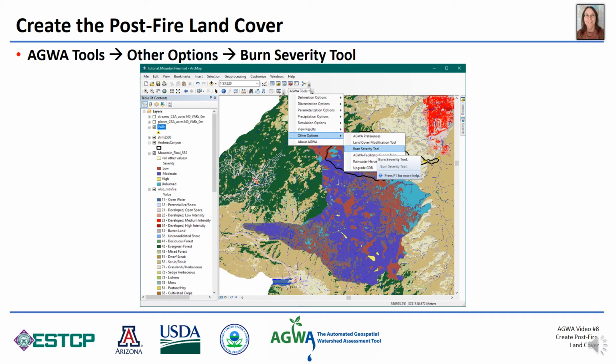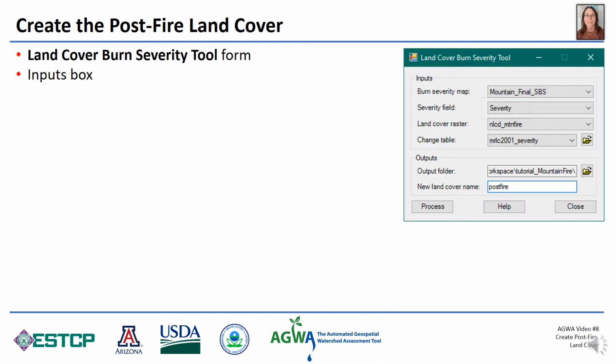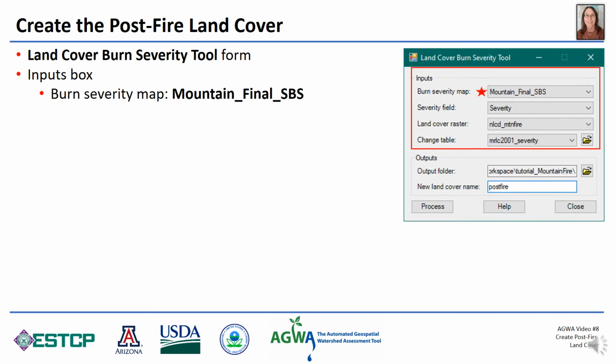To create the post-fire land cover, go to AGWA Tools, Other Options, Burn Severity Tool. In the Land Cover Burn Severity Tool form that opens, in the Inputs box, select the burn severity map to be used to modify the land cover data, mountain_final_SBS.